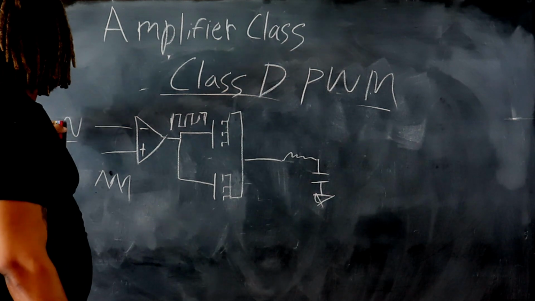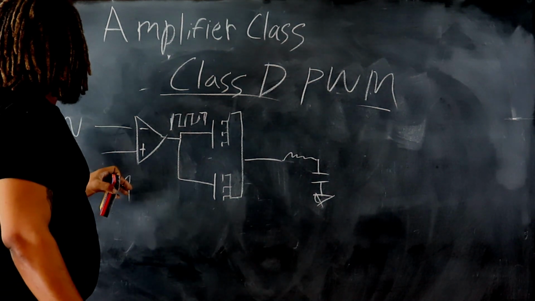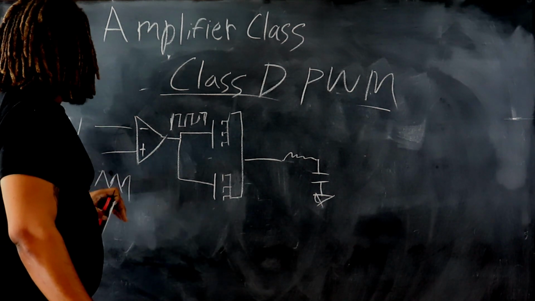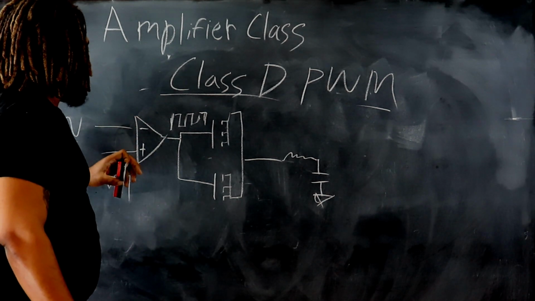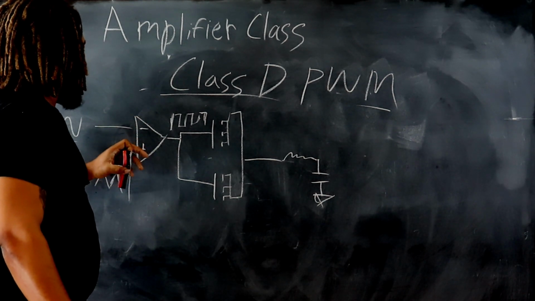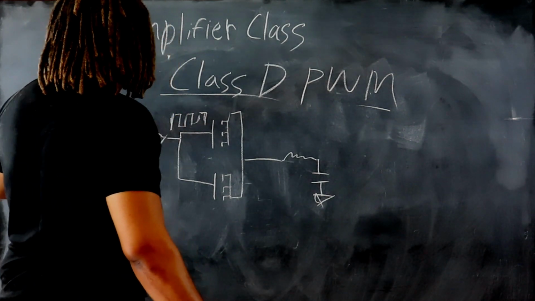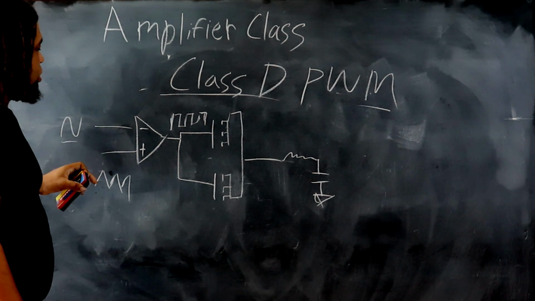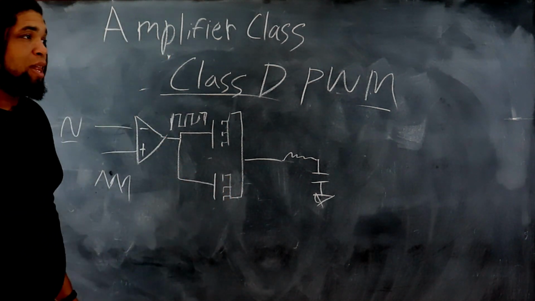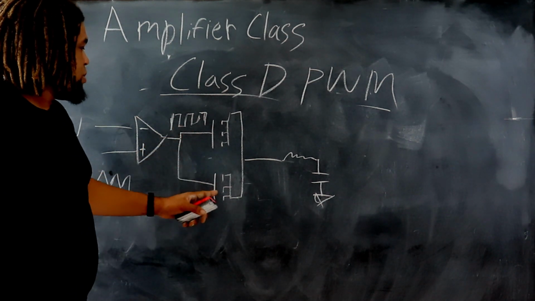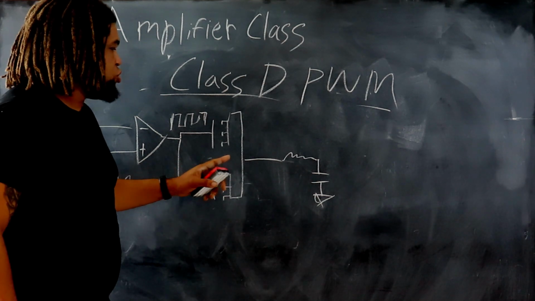So what's happening here is you're combining your analog signal with a high frequency triangle signal or a high frequency square wave, and you're coming out with a square wave, and your input signal is going to pulse modulate that square wave at very high frequencies, which is going to be switched on and off by these transistors.